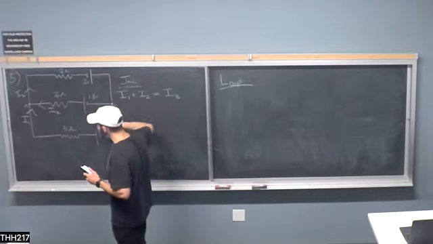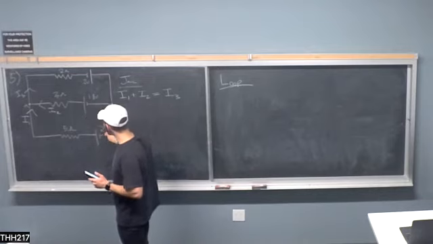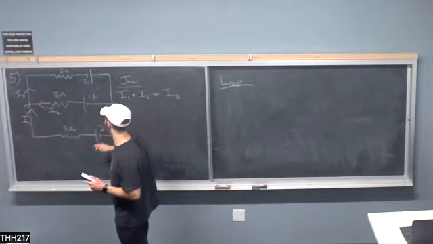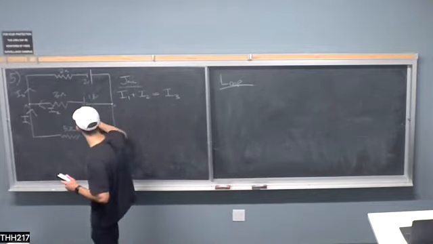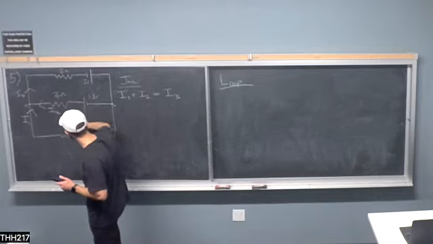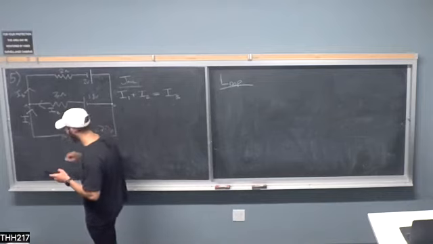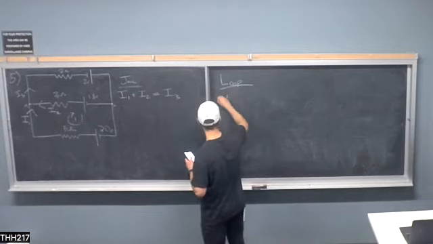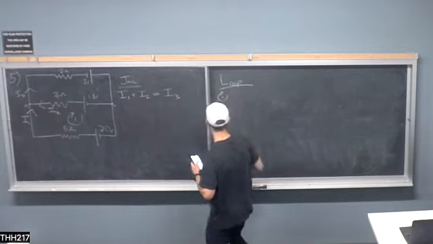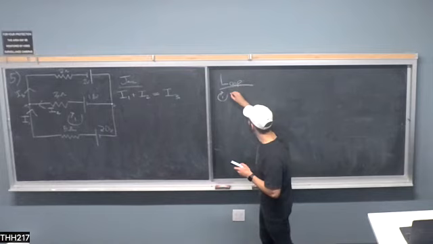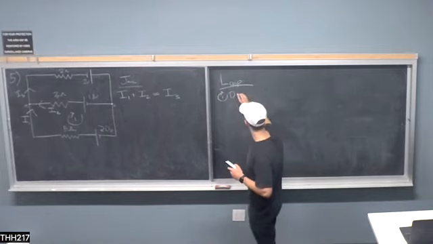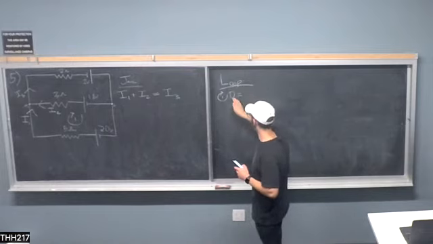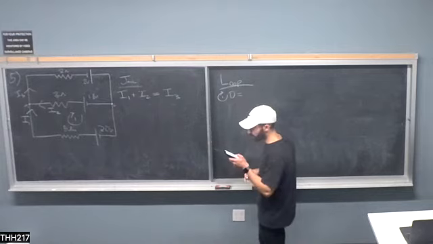I'm going to start with a positive 20, since I like to start with a positive value. Call that loop 1. Remember, the sum of delta V is equal to 0.